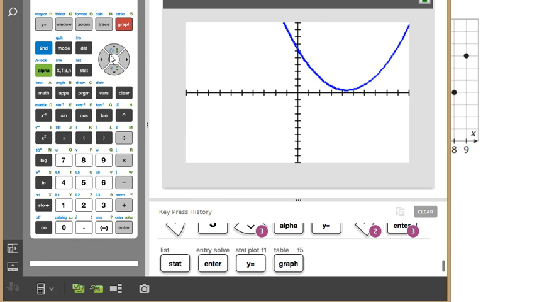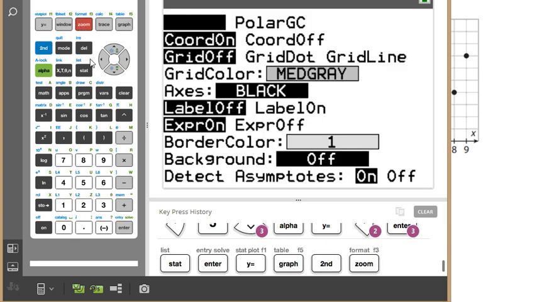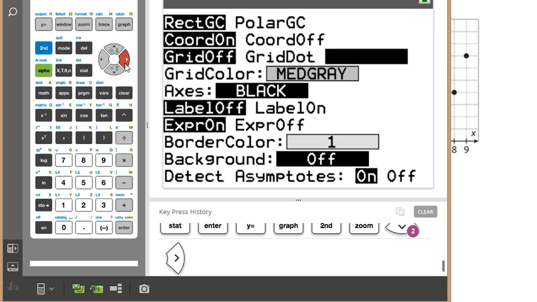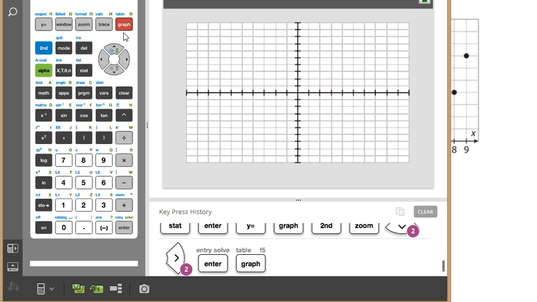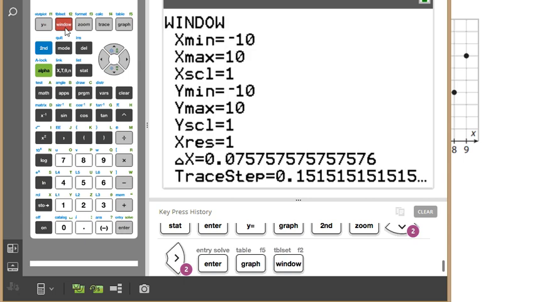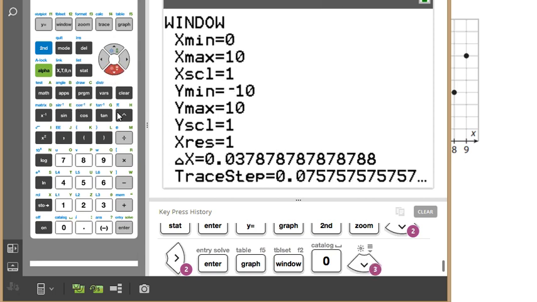We're going to do a couple things. We're going to change the format to get our grid line on. So we have our grid line. We're going to change the window here from 0 to 10, X max and Y minimum 0.